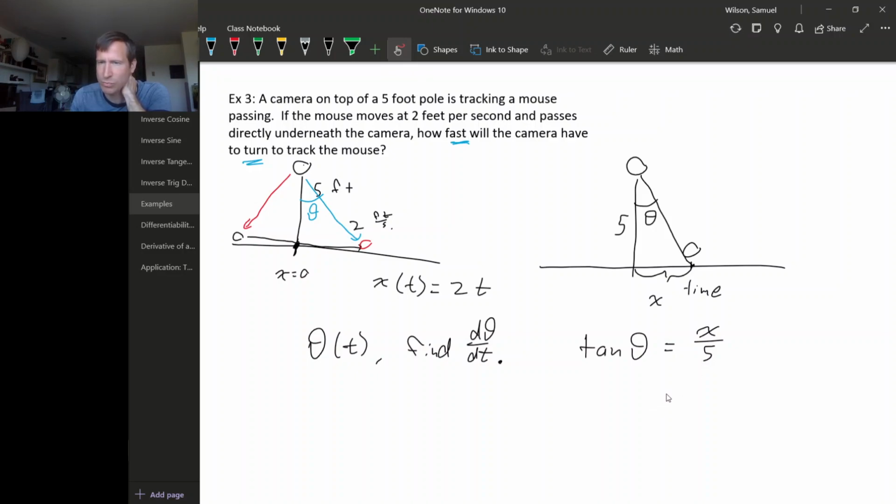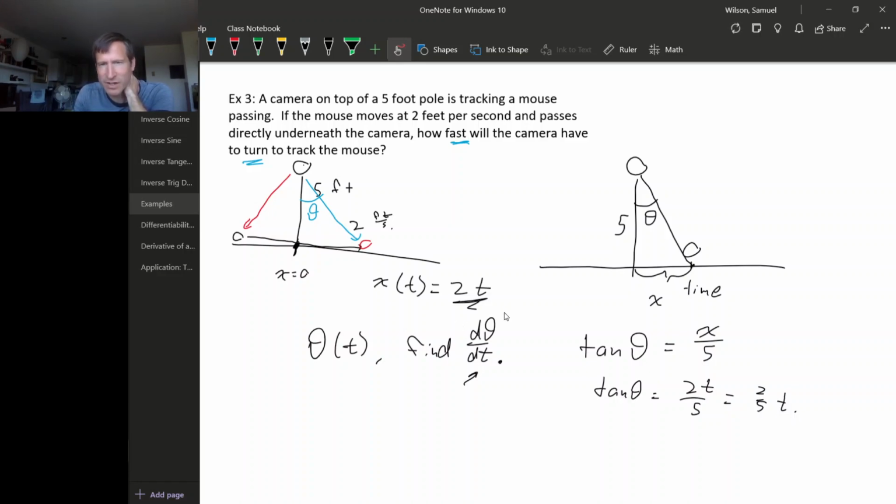Well, first of all, we need to write things in terms of t, because we want rates of change with respect to t. And x as a function of t is just 2t. So we get tangent theta equals 2t over 5, or 2/5 t.